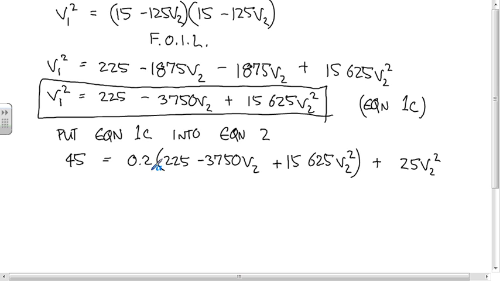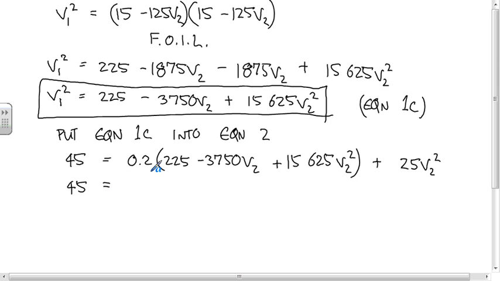And now you have to distribute the 0.2 through. Can someone help me multiply this? I don't have this step written down.